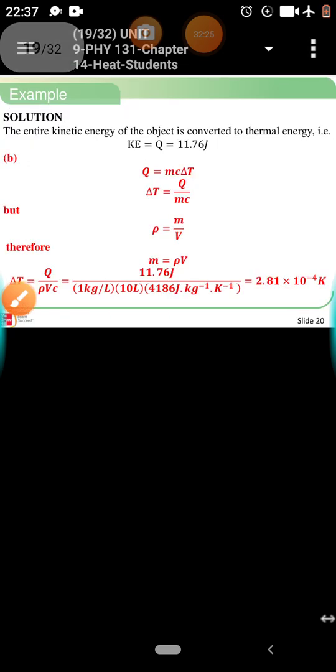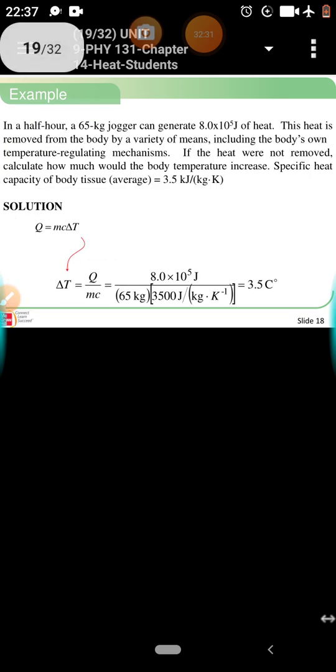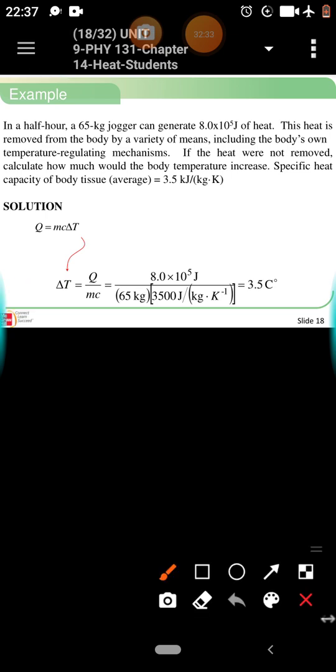So now let's go over an example. In half an hour, a 65 kg jogger can generate this amount of heat. This heat is removed from the body by a variety of means, including the body's own temperature regulating mechanism.